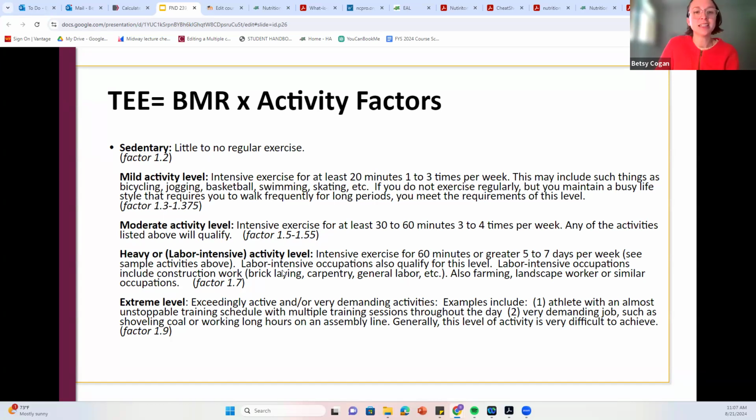So TEE, total energy expenditure, we are making sure when we're making energy recommendations that we're not just looking at what the person needs to stay alive, we are looking at the energy recommendation for that individual patient that incorporates the energy needed for them to do their functions of daily living.